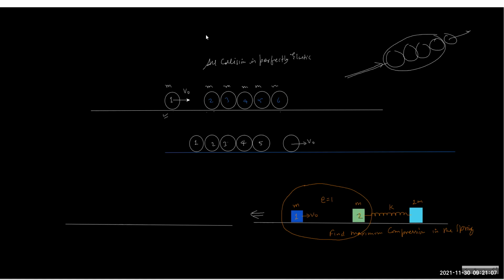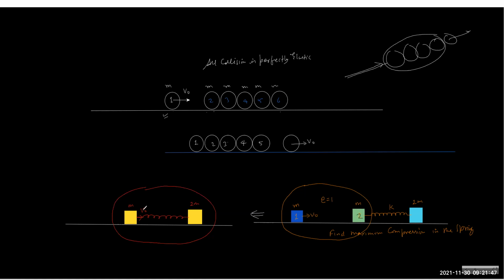It is just a way to extend the problem, but it is very much the same as having two blocks of mass 2m and m, where the block is given a velocity v naught. Once we have this v naught, we know how to find the maximum compression.